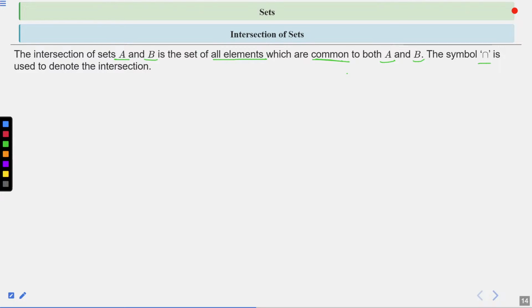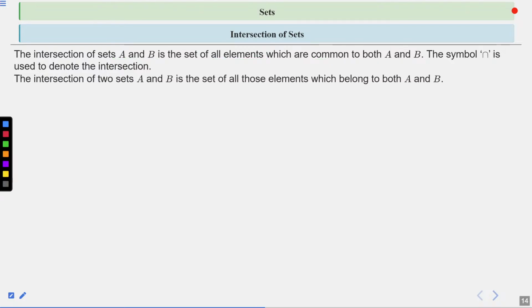The symbol is the downward U, as you can see, which denotes the intersection. In this intersection set, we are collecting elements common to both sets A and B. Clear?